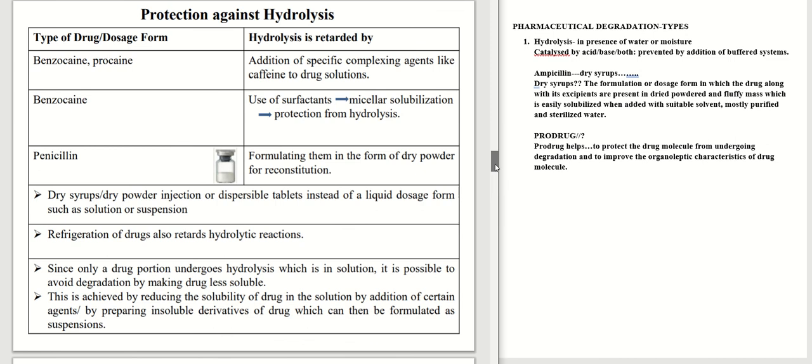And these are a few examples of drugs that undergo hydrolysis and the various methods by which we can protect these molecules. The first one is benzocaine, procaine. These are anesthetic agents and they actually undergo hydrolysis. To these drugs we will be adding some complexing agents like caffeine.